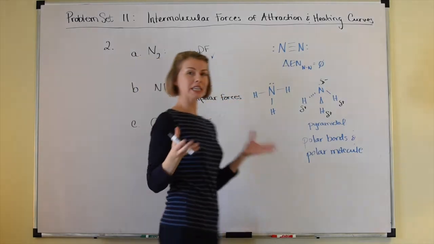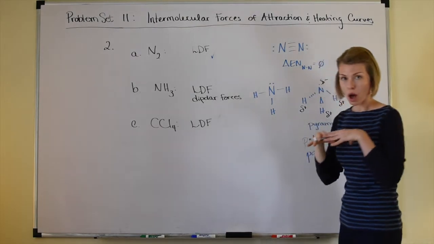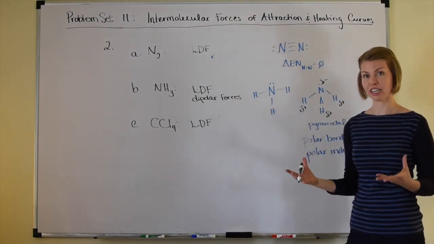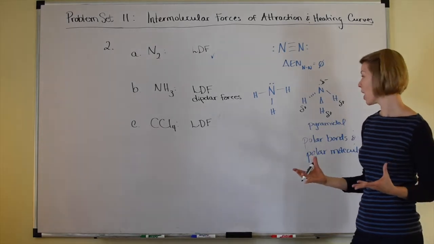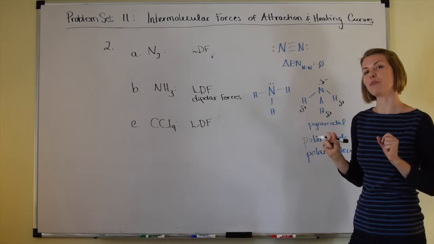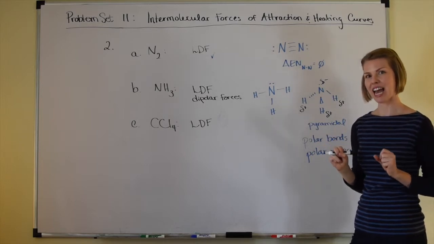Okay, so not only does it have those polar bonds, polar molecule, not only does it have the partial positive, partial negative charge buildup within the molecule, but it has hydrogen atoms covalently bound to the partial negative nitrogen atom.